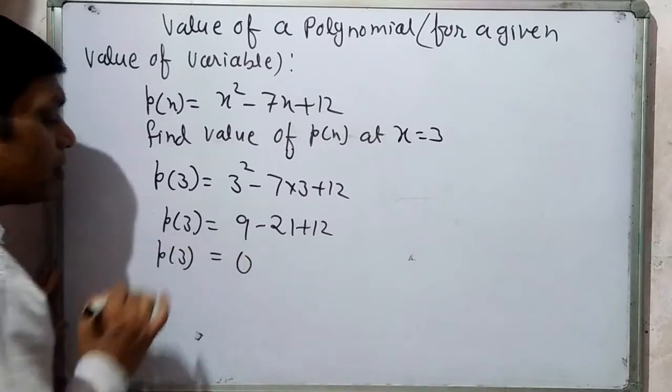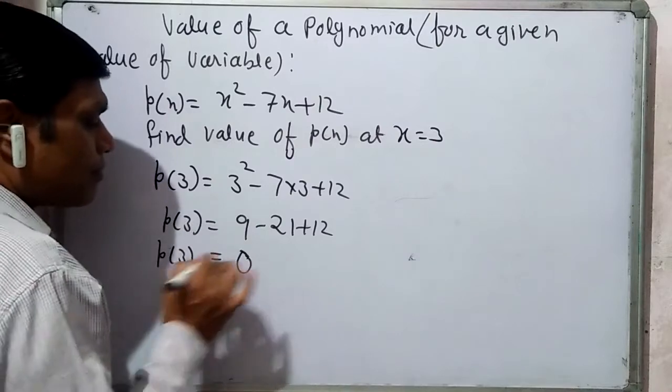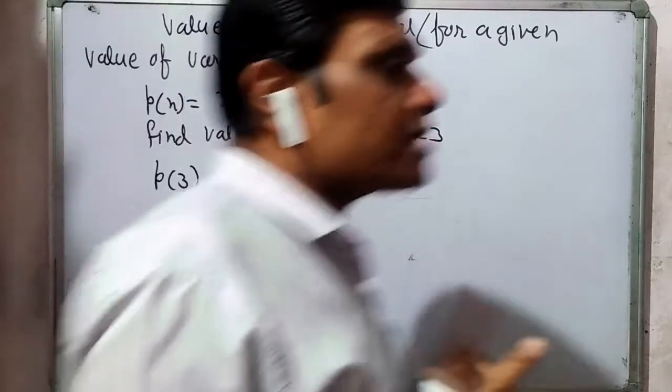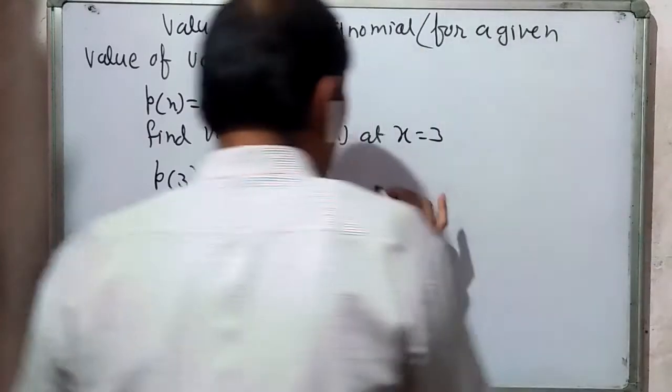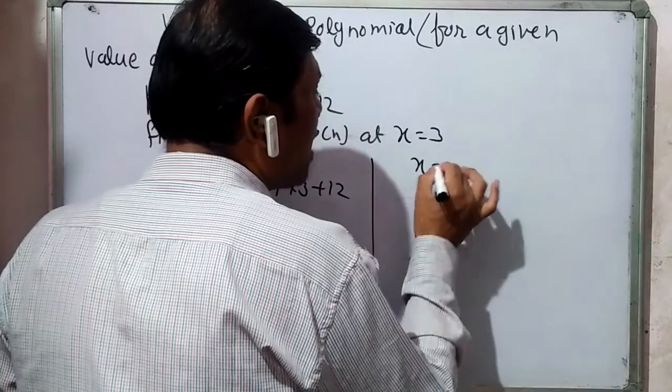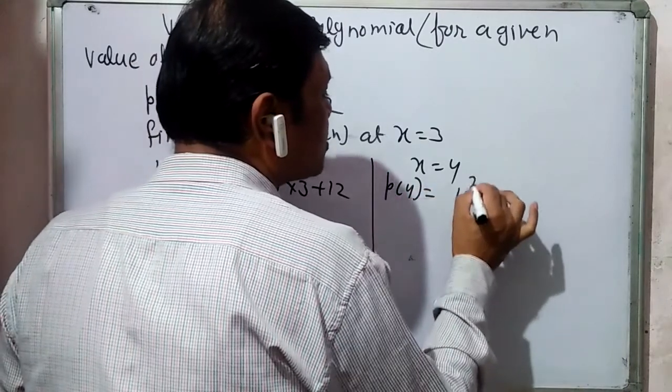Is it 0? Is it coming to be 0? We had put x as 3 in the polynomial, and the value of the polynomial is coming to be 0. We may also verify putting x equals 4. We find that p(4) is also 0.